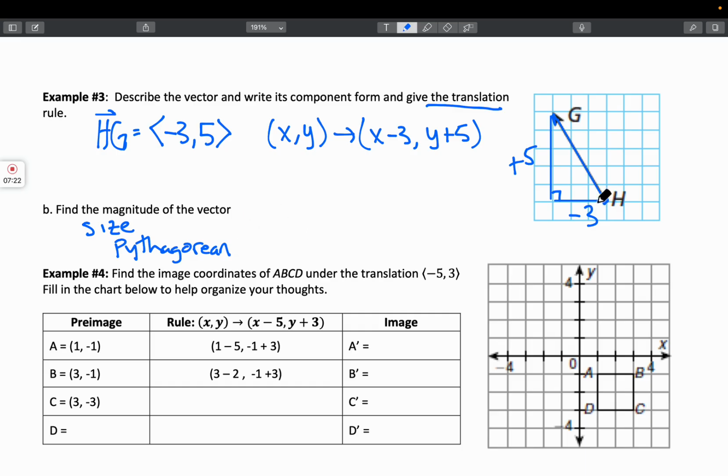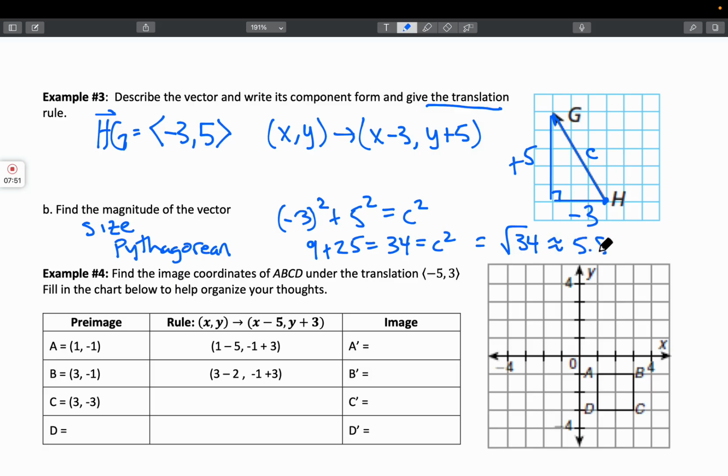So we're going to say (-3) squared plus 5 squared is equal to c squared, where c is the length of the hypotenuse of this right triangle, and that's the magnitude of that vector. So that gives us 9 plus 25, which is equal to 34, equals c squared. Next, we got to take the square root of that. So the square root of 34, which is approximately 5.8, is the magnitude of that vector.